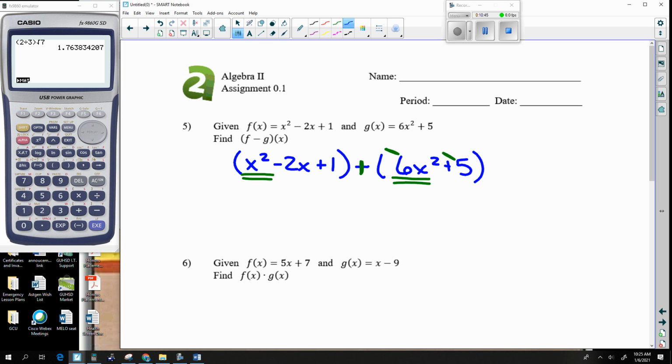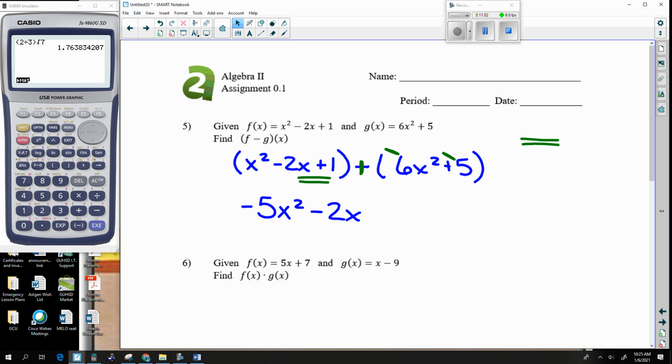So this will be 1 minus 6. Next are x's with x's. There aren't any x's over here, so the x's are just whatever that is. So that's -2. And then we have normal numbers with normal numbers. And so that is 1 minus 5.